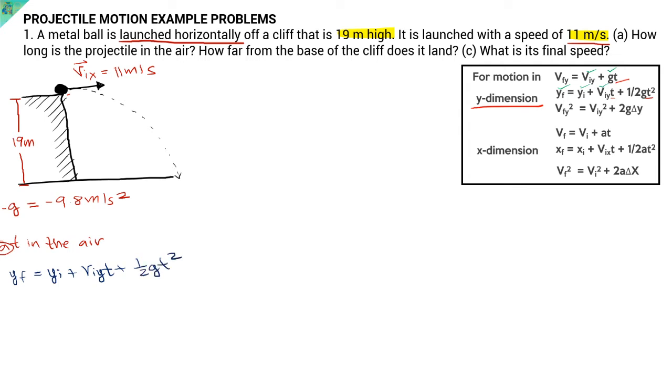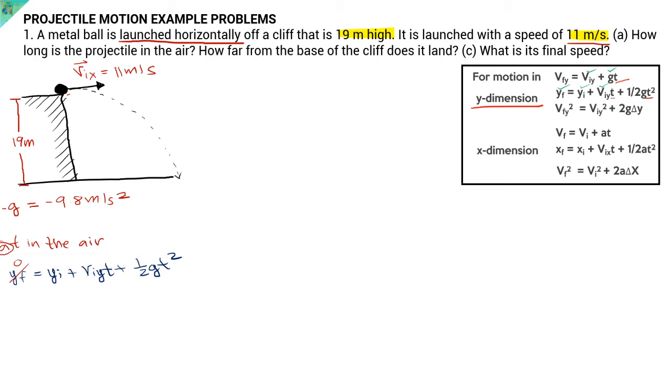Okay. Next step, try to analyze if there are parts of this equation that we can equate to 0. Y final would be 0. Y initial won't be 0, obviously, because we started at 19 meters. viy is our initial velocity on the y-axis.